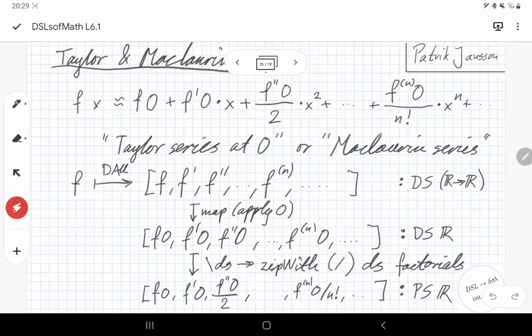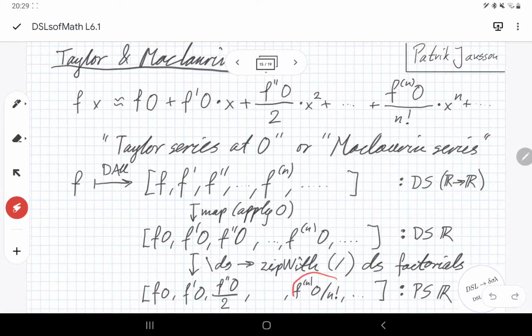And then the last step is to transform these coefficients a bit. So the function here takes a list of d's and zips this list with division by factorial. So the 0th factorial is 1, first factorial is also 1, then the second factorial is 2, the third is 6, and so on.